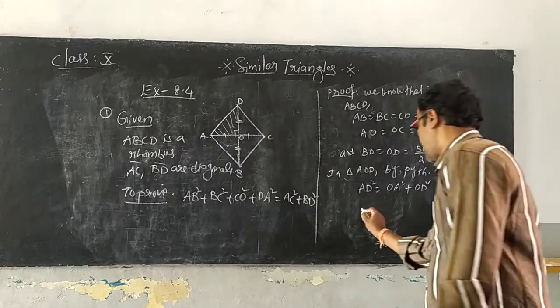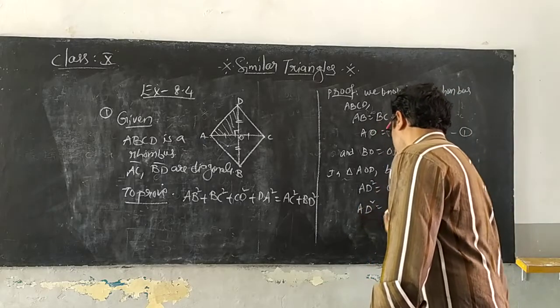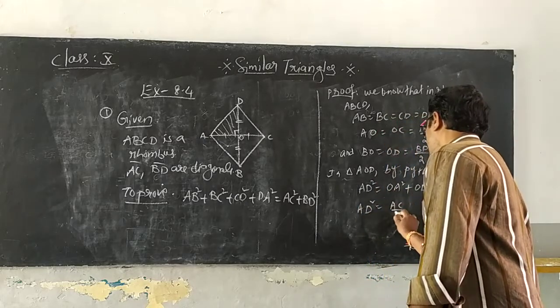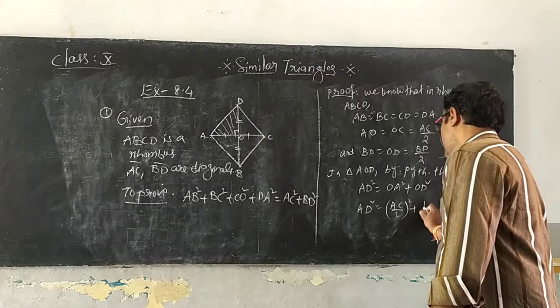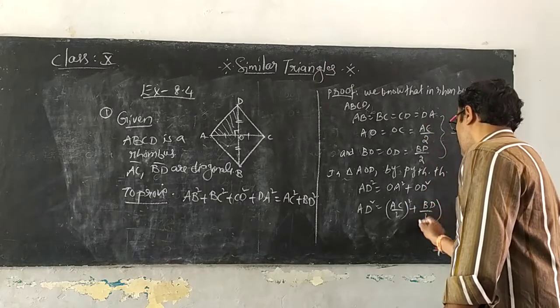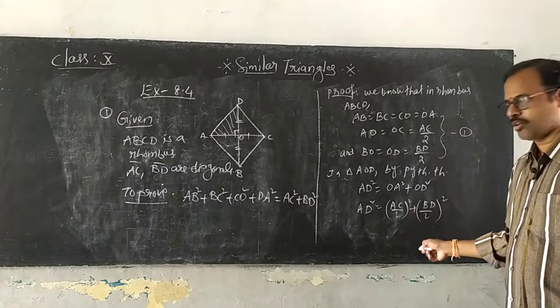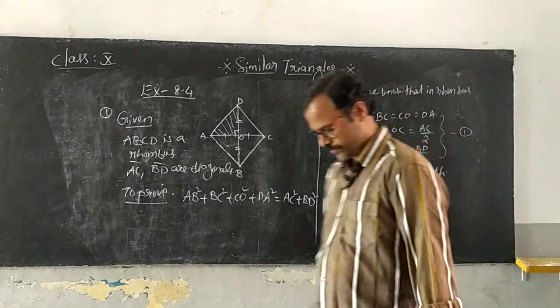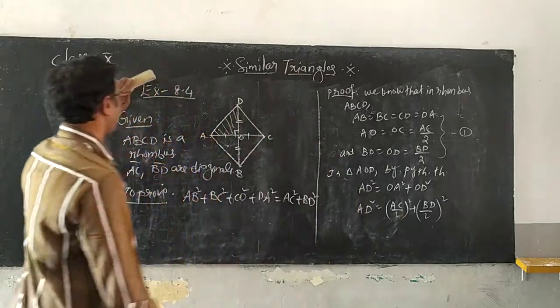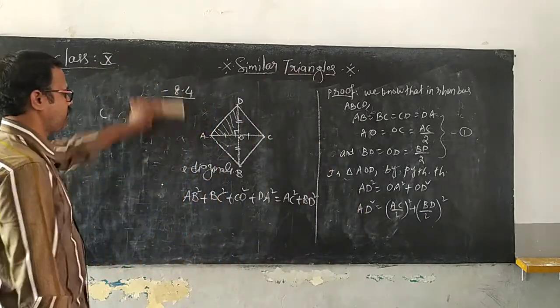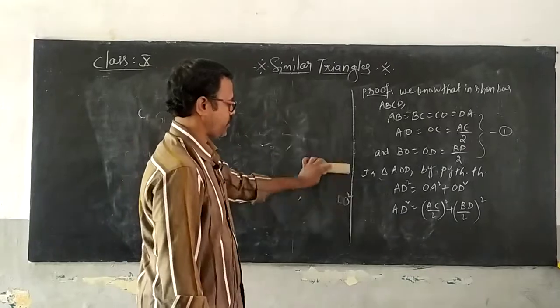You can substitute here. That is AD square is equal to AC by 2 whole square plus BD by 2 whole square. Now we are squaring the numerator and denominator and then taking the LCM. Clear? Very good. It's very simple, isn't it?